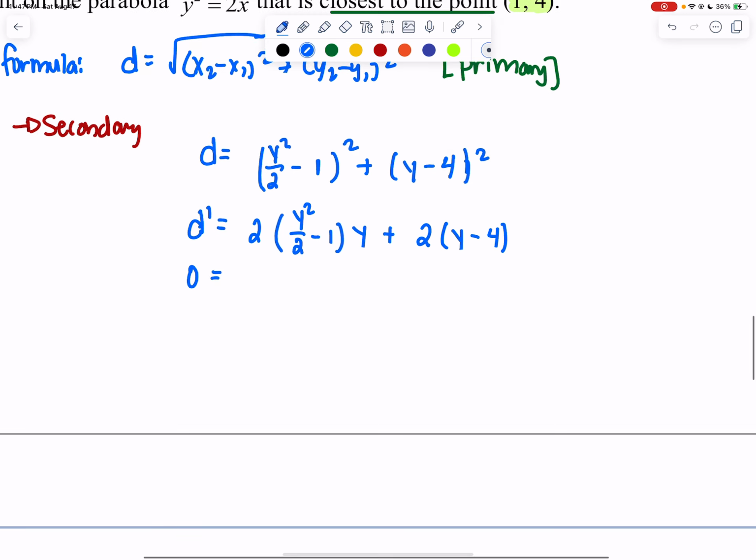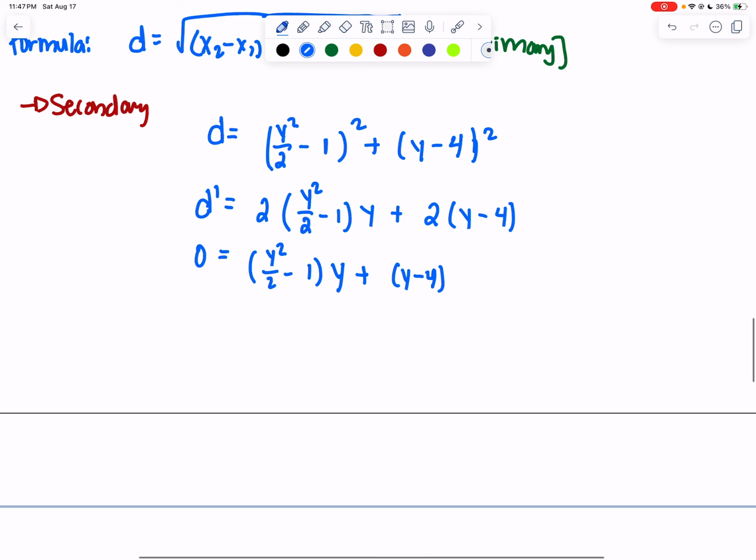So that's going to give us y squared over 2 minus 1 times y, plus y minus 4. And then what I'm going to do is go ahead and distribute the y. So I have y cubed over 2 minus y plus y minus 4. Notice how now I have a negative y and a positive y.